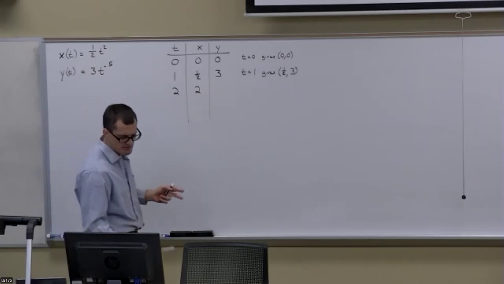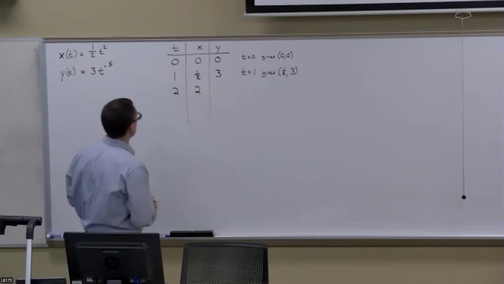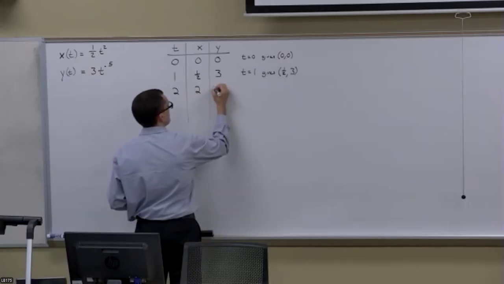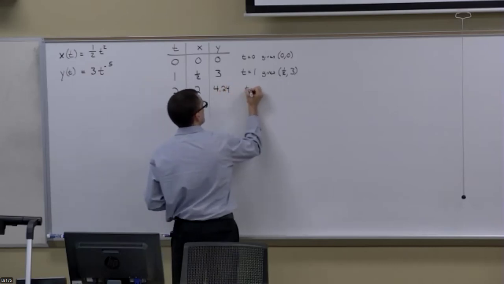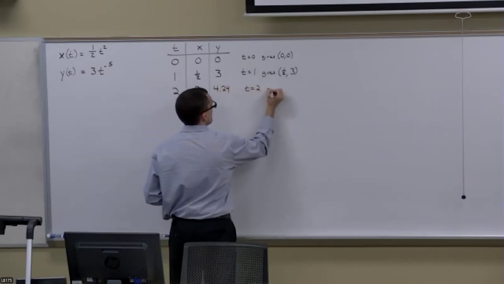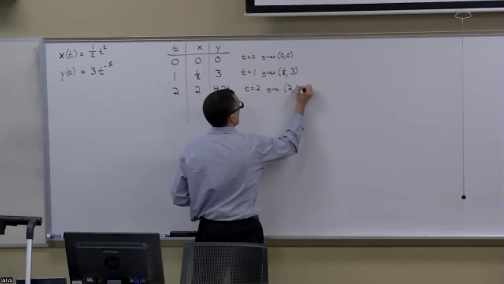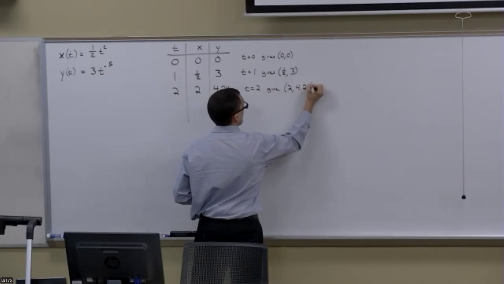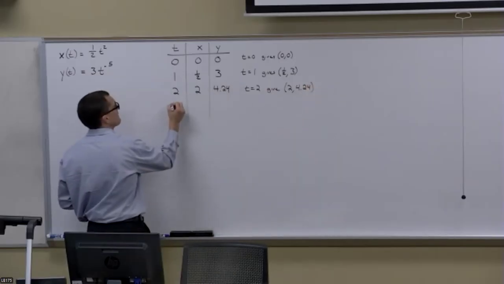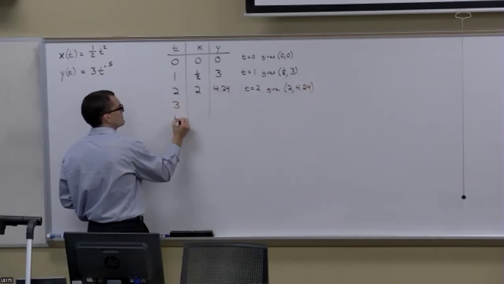So that's about 4.24. So at t of 2, that's going to give the point 2, 4.24. I'll do just 2 others.